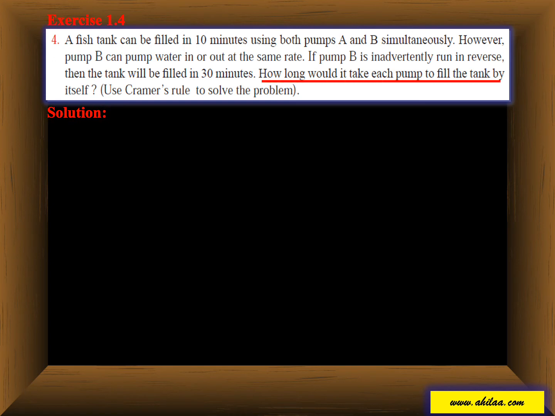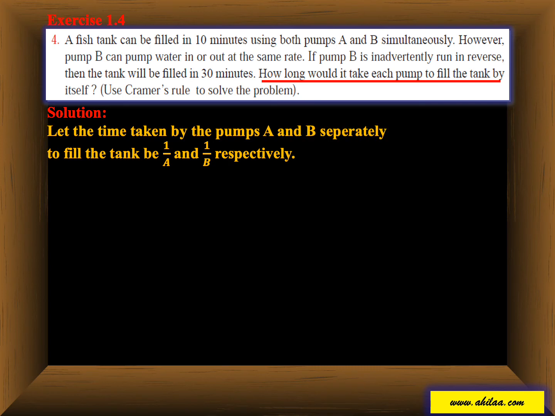Here it is asked how long it would take each pump to fill the tank, so it is concerned with the timing. Let the time taken by pumps A and B separately to fill the tank be, 1 by A and 1 by B respectively. Now it is given 10 minutes using both pumps A and B simultaneously.